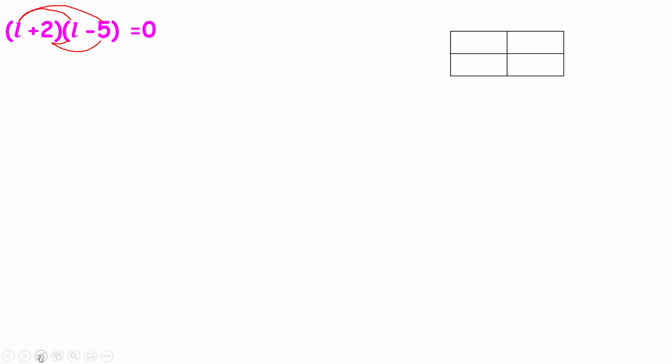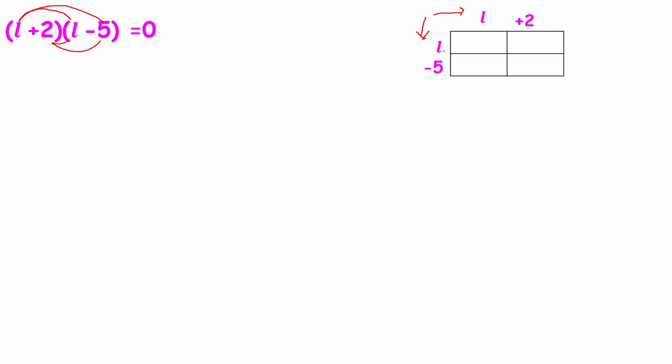And in the second method, first we write the first bracket L plus 2 in this way, and we write the second bracket in this way, that means L minus 5. Then we take a multiplication of both.